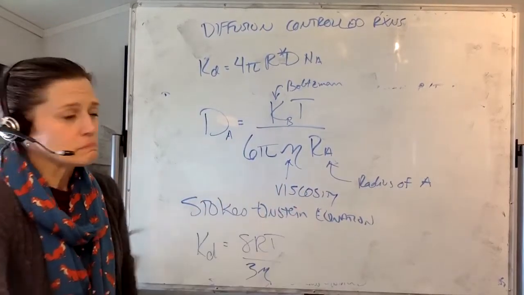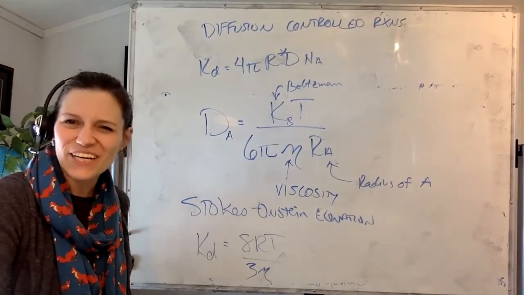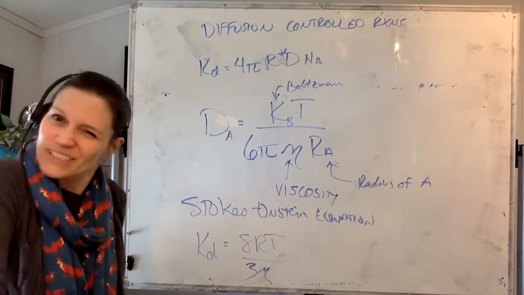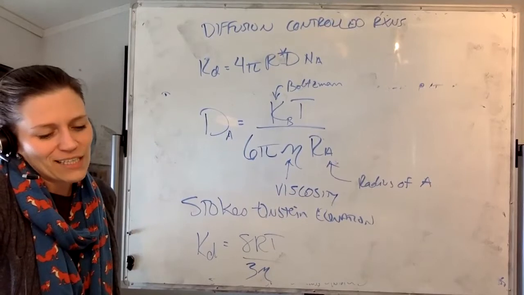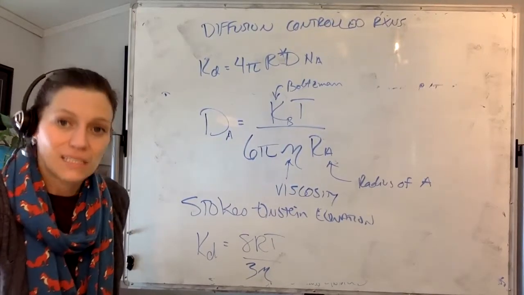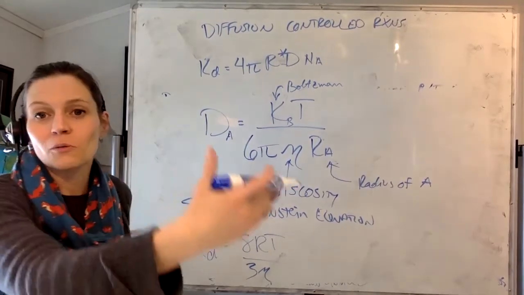So you may have heard me get on my soapbox about how much I dislike hydrodynamic theory. And here I am teaching hydrodynamic theory. It kind of makes me twitch a little bit. But again, the Stokes-Einstein equation works for many systems. For many systems, it does not. And that's where the edge of our ignorance really helps push us forward.